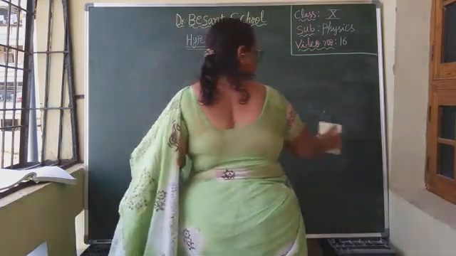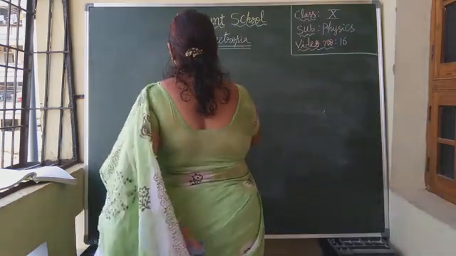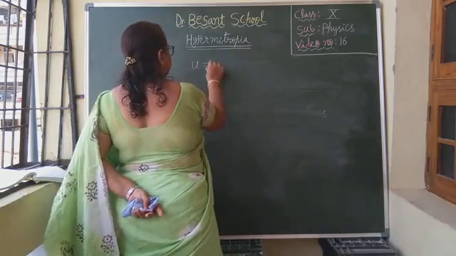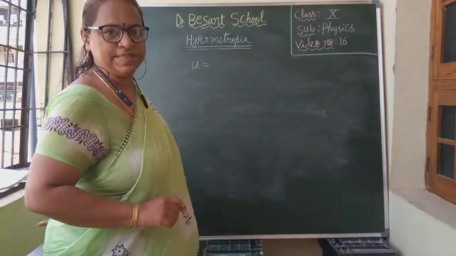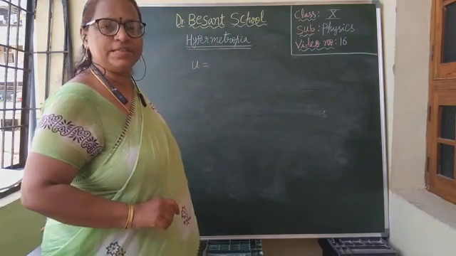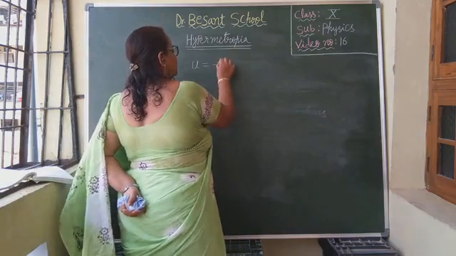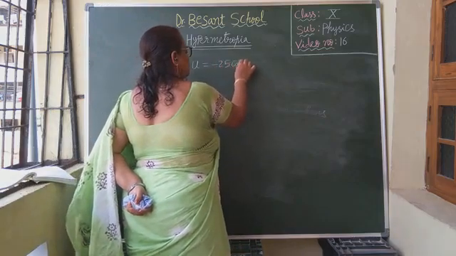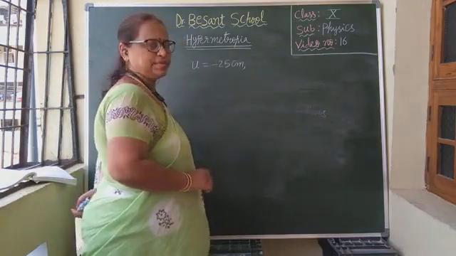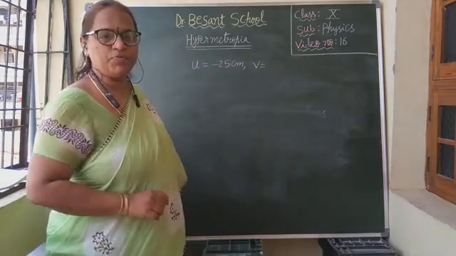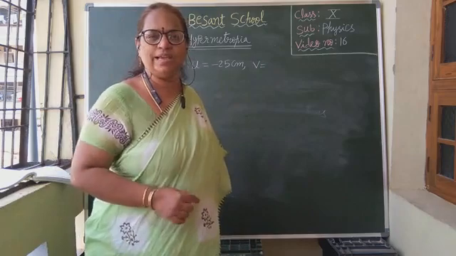The focal length of this convex lens, how will you find it here? Where is the object? The object is at the least distance of distinct vision. What is the value of the least distance of distinct vision? It is 25 centimeters. Apply sign convention: u equals minus 25 centimeters. Whereas image distance v equals, where is the image forming because of the convex lens in the diagram?